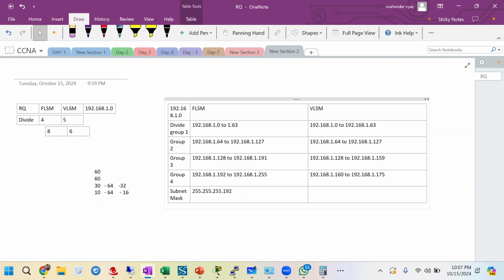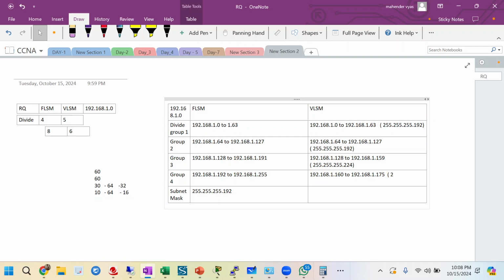But in VLSM, for each group there would be a different subnet mask. Here the subnet mask would be 255.255.255.192. Then for the second, again 255.255.255.192, because we are using 64 addresses here. Then for the third, the subnet mask will change to /27.